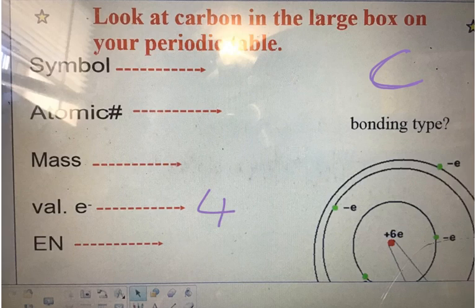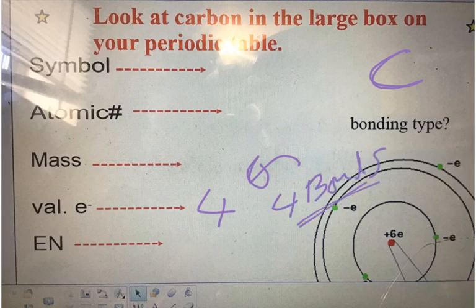That's very important because in Chem 1, if you have 4 valence electrons, you're trying to form a stable octet. So you will form 4 bonds, because 4 plus 4 is 8. You can review your Chem 1 notes for that. No problem, so move on.